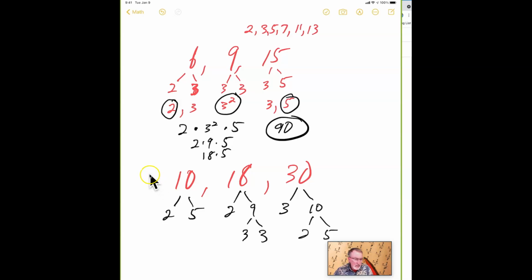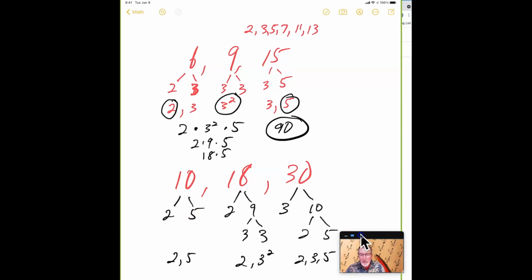So let's write these with exponents. So here we have 2 and 5, 2 and 3 squared, and here we have 2 and 3 and 5. And remember, we're thinking about the buffet. And we have to try some of everything, but we're going to take the biggest dishes we can to make everyone at our table try some too.